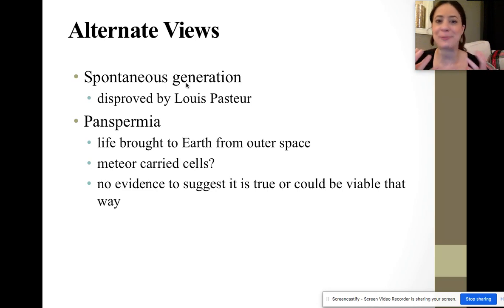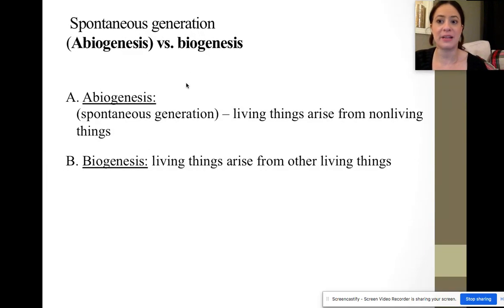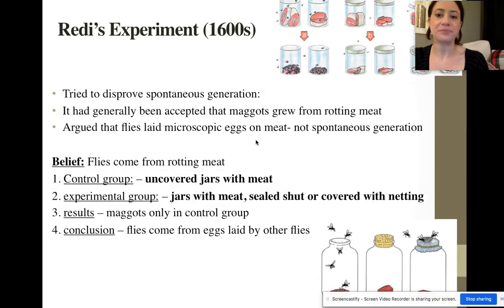This is one of them that we take for granted today, but at some point back then, people really believed. Spontaneous generation is the idea that living things arise from non-living things. Biogenesis, life from life.